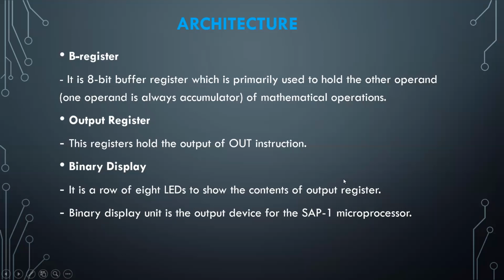The binary display shows us the contents of the output by connecting each LED to the output of the output register. This therefore enables viewing of the answer transferred from the accumulator to the output register in binary.